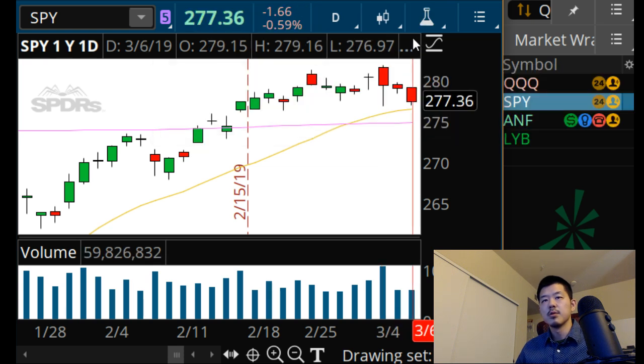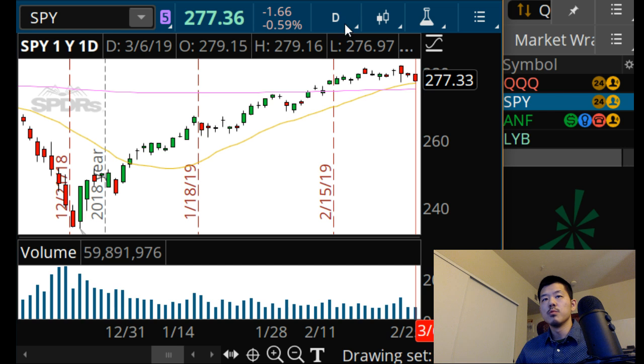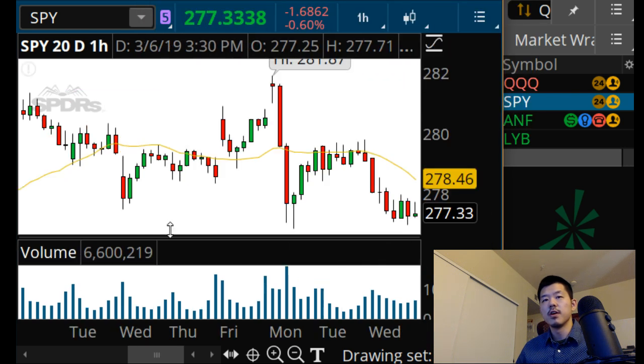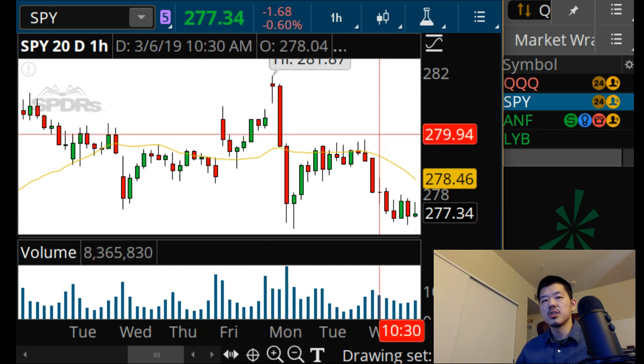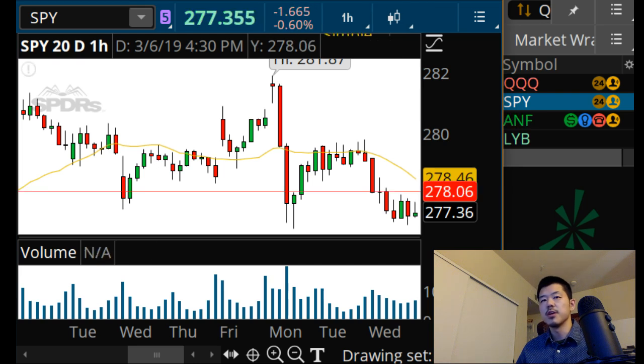Where's today's low? 276.97. We break that, we'll go to a short-term neutral bias, long-term still bullish here. And then what we'll do is use the hourly. If we break below the low from Monday, we will look for the next either sell setup or breakdown, and we can initiate a bearish bias from there.